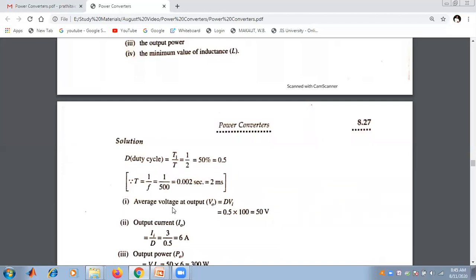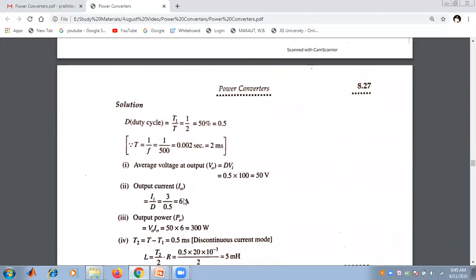First we have to find the average output voltage, V0, that is equal to D into Vi, that is 0.5 into 100, that is 50 volt. The output current I0 is Ii by D, where the input current is given as 3 ampere, so 3 by 0.5 is equal to 6 ampere.